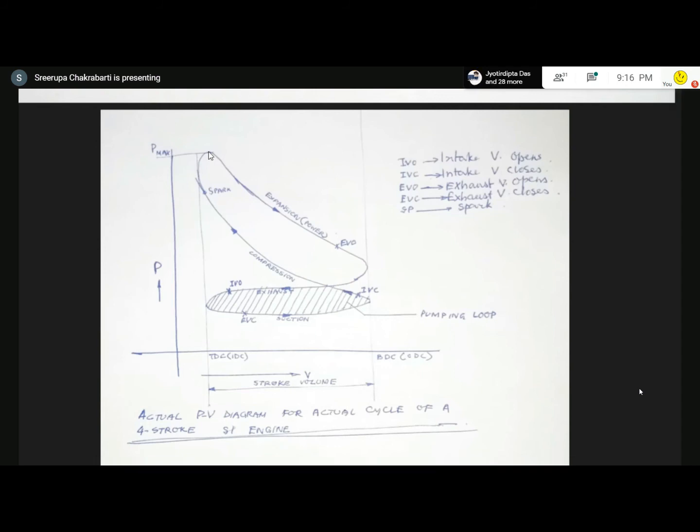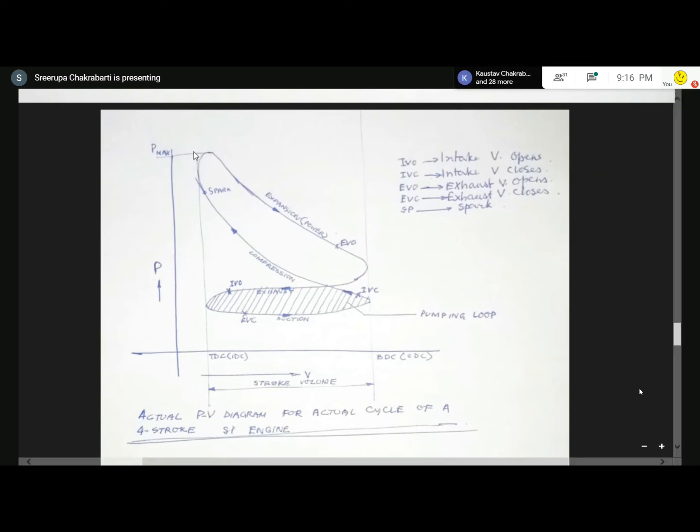After that, see, our objective is that we want the highest pressure to occur as close to the top dead center as possible. Why do we want that? Because until and unless the combustion is over, the expansion will not start. We are interested in the expansion process, because the expansion will liberate the energy.